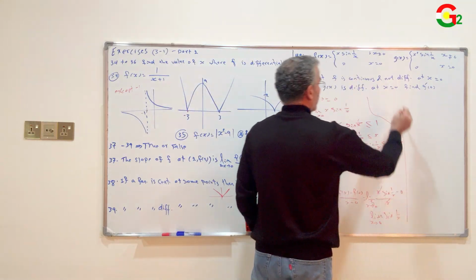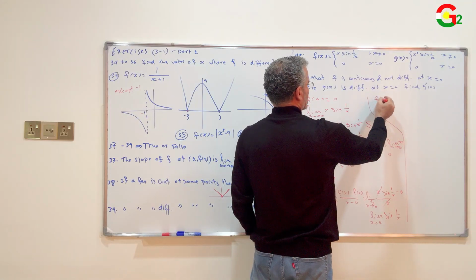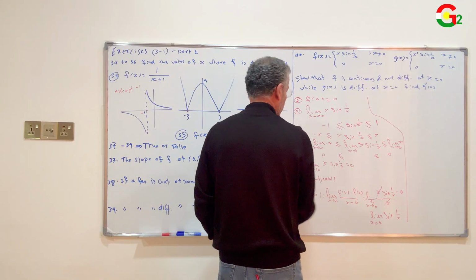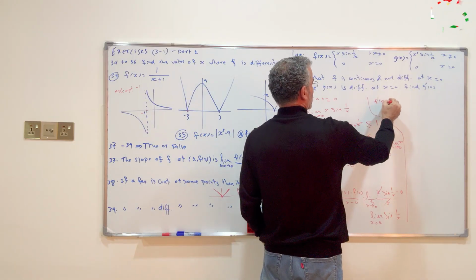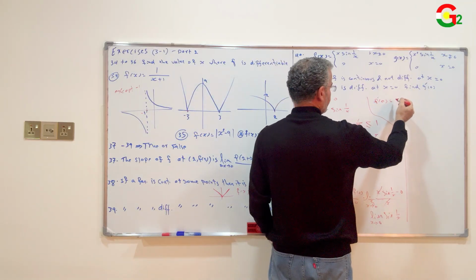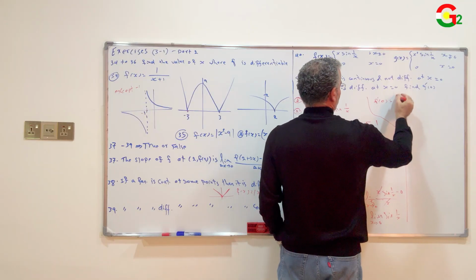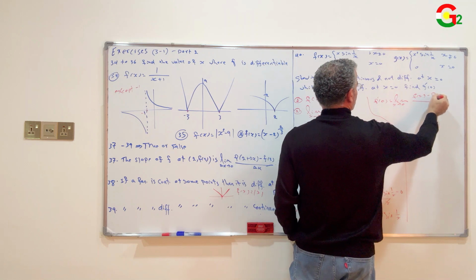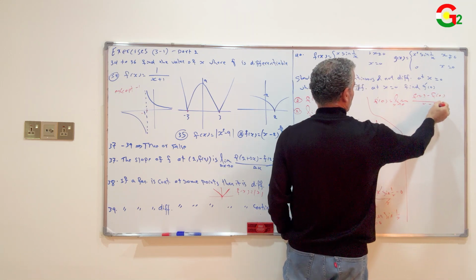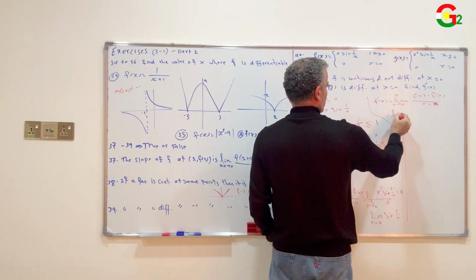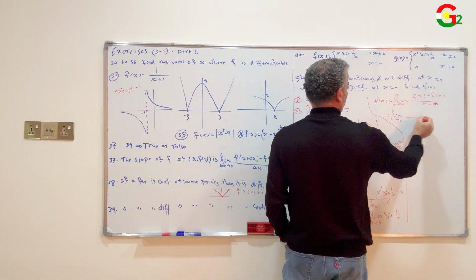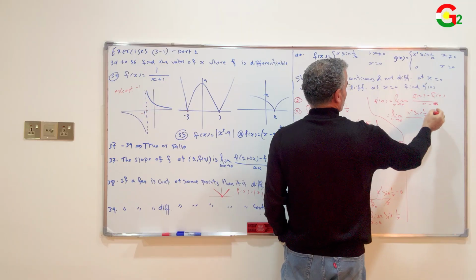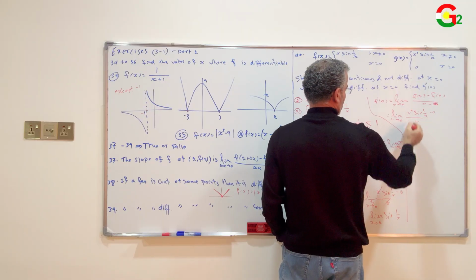For g of x, g of 0 is defined and the function is continuous. To check the differentiability, g prime of 0 equals the limit as x approaches 0 of g of x minus g of 0 over x minus 0, which is the limit of x squared sine 1 over x minus 0 over x.